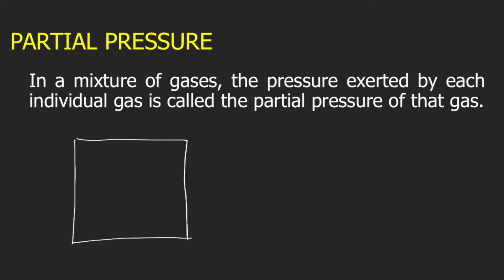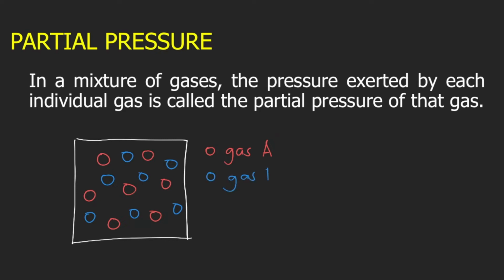And inside the closed container, you have two gases. So the first one is represented by these red circles. So these red circles are the particles of gas A. Also, you have these blue circles. And these blue circles represent the particles of gas B.